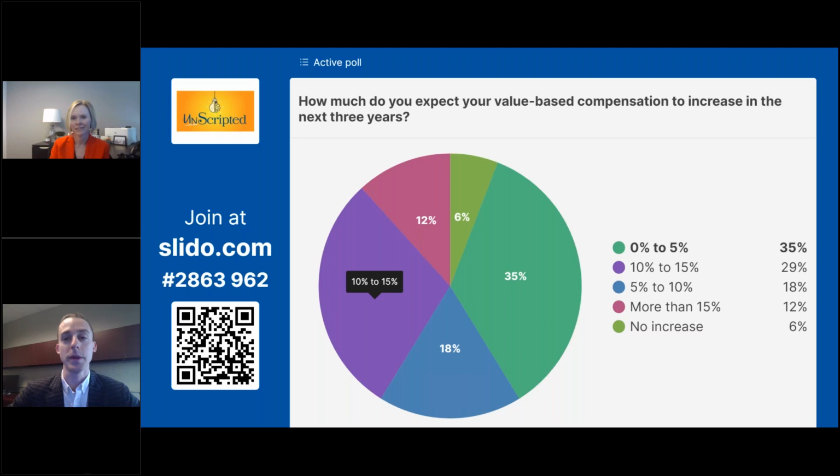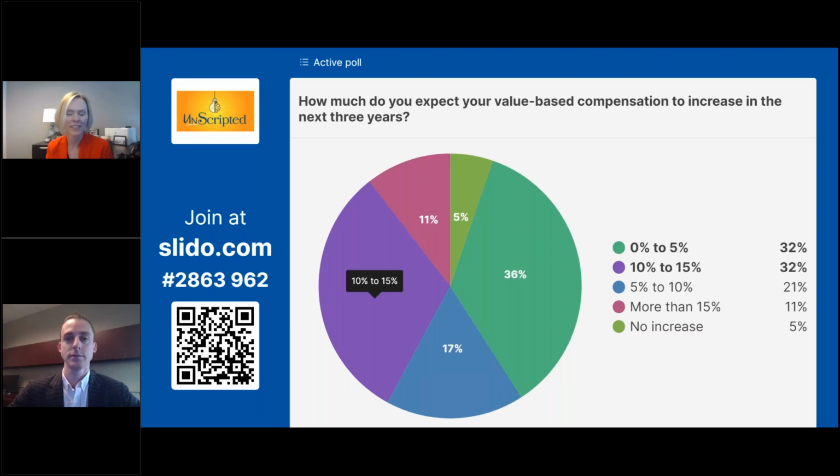So that's tripling it, and I don't think that's common per se, but if you do use it and it's working well, I could see it increasing a lot going forward. If you don't use it, you kind of have to ease into it. It's not going to go from 0 to 50% in a year or two.